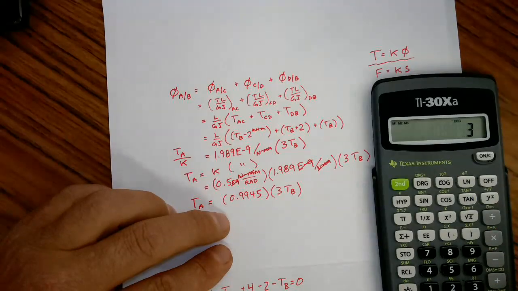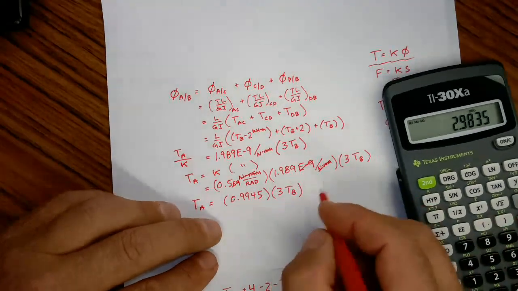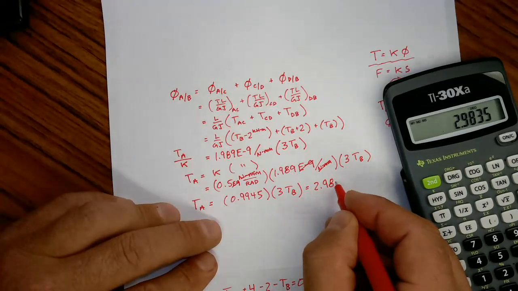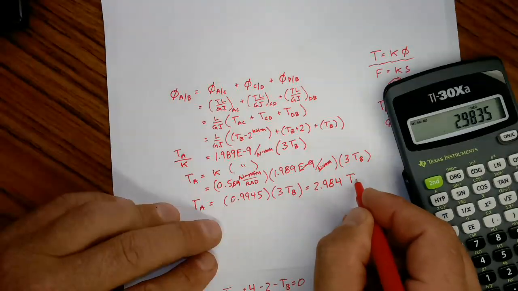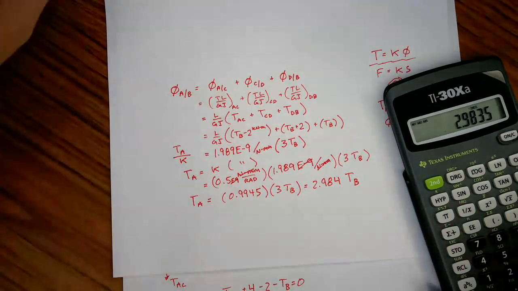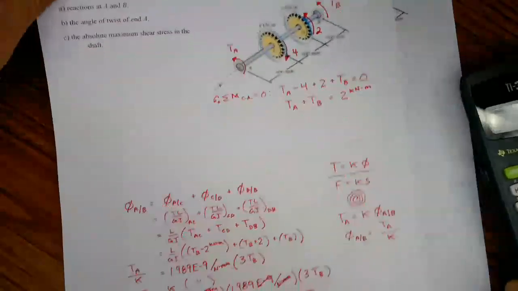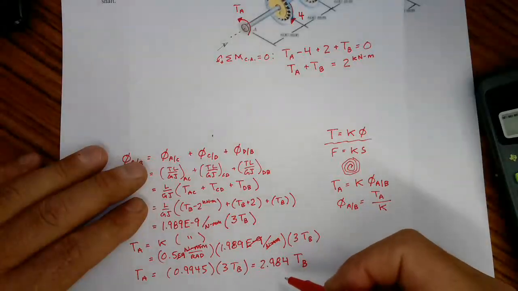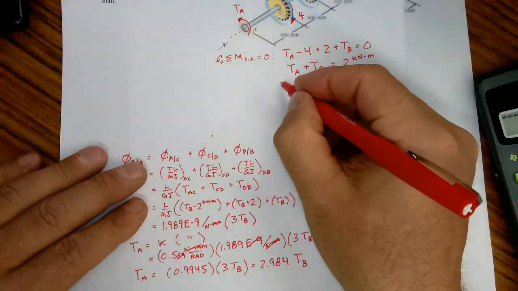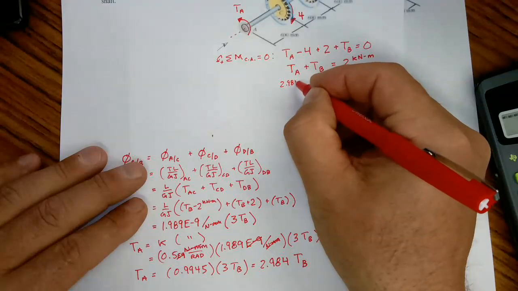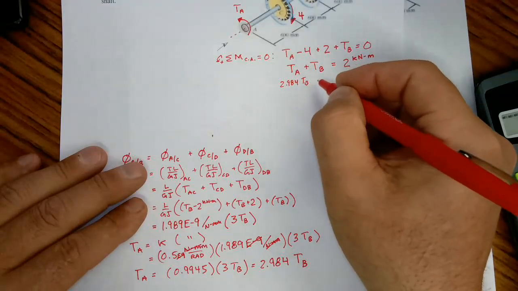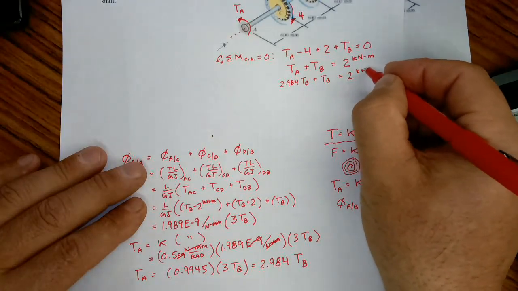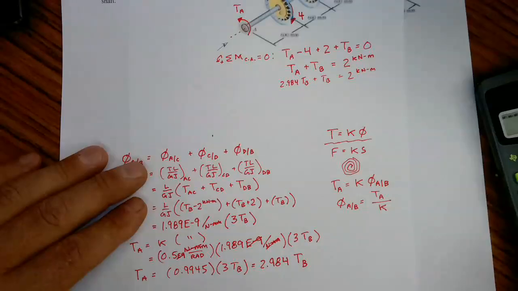And when we multiply that times 3, we get 2.984 TB. And now I can substitute that in. TA is equal to 2.984 TB plus TB equals 2 kilonewton meters.